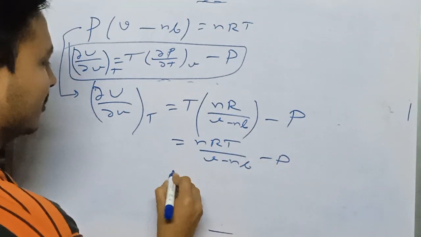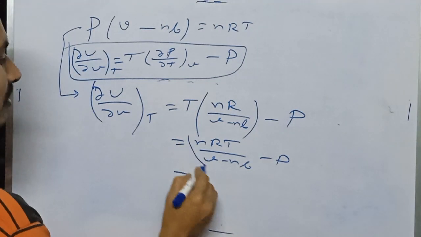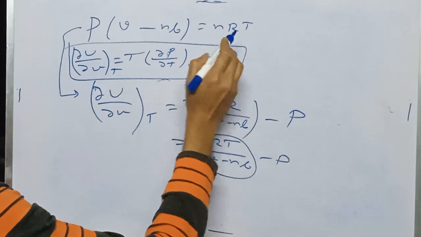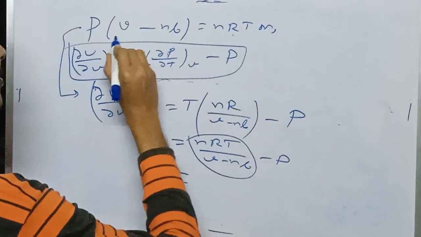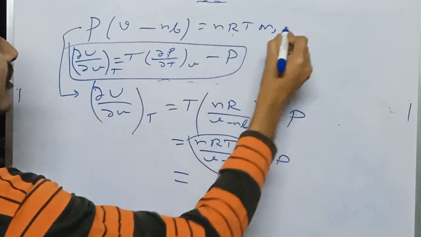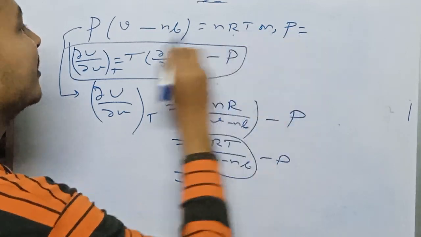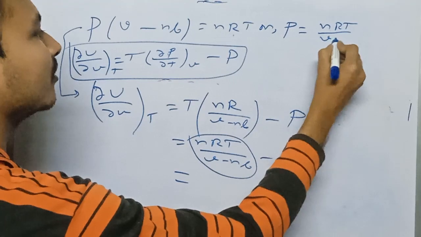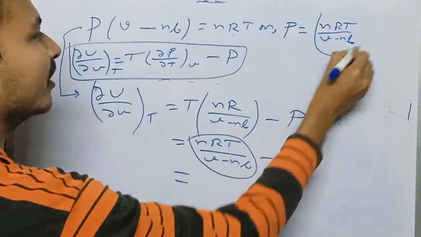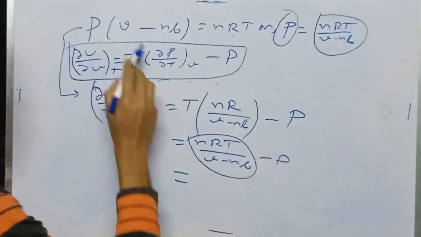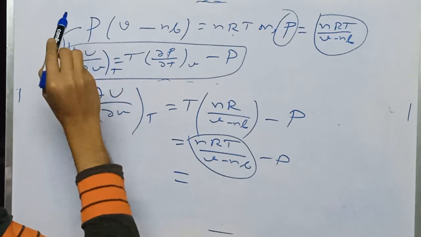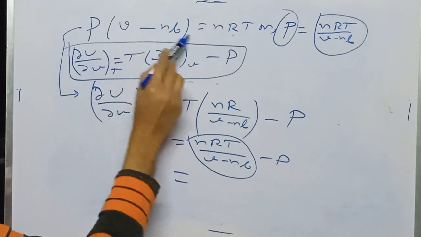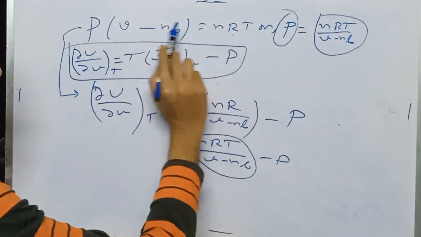Now this nRT by V minus nb is equal to P according to the gas equation, because if we rewrite this equation, we get nRT by V minus nb is equal to P. We keep the pressure term in the left hand side and the V minus nb on the right hand side.